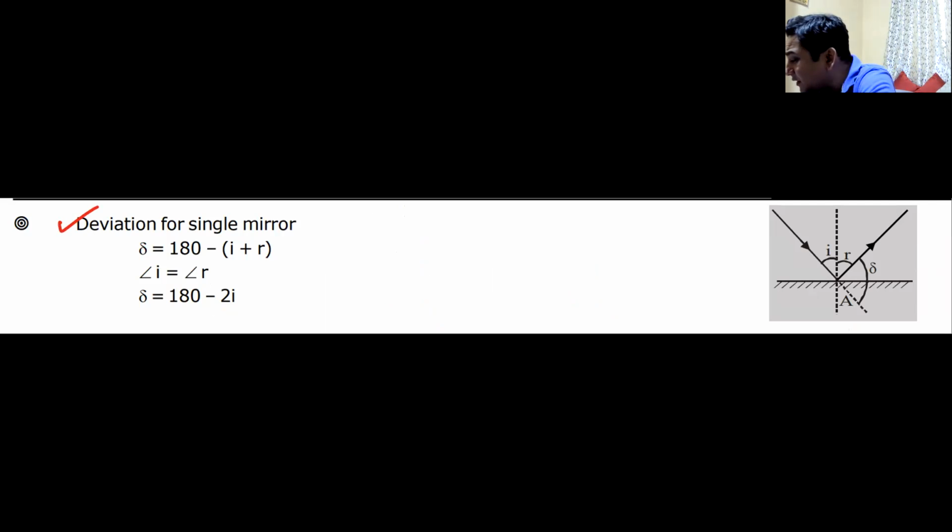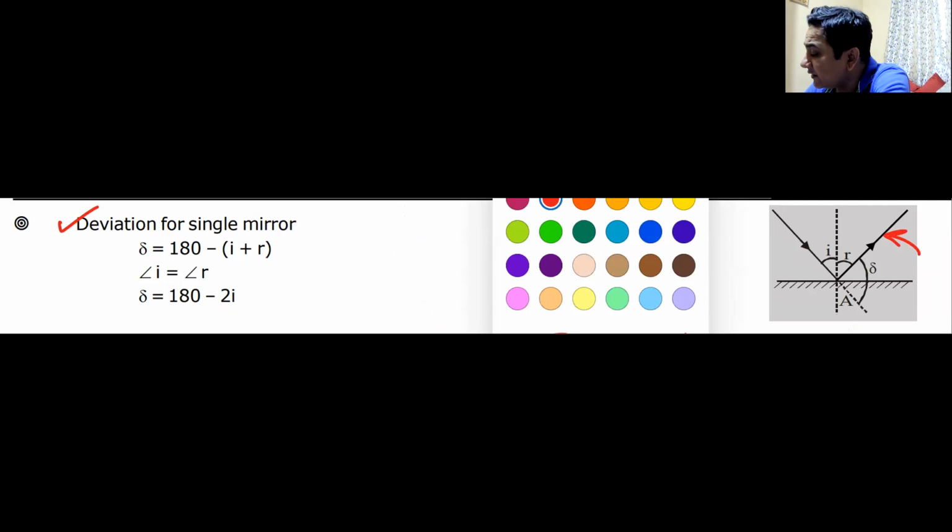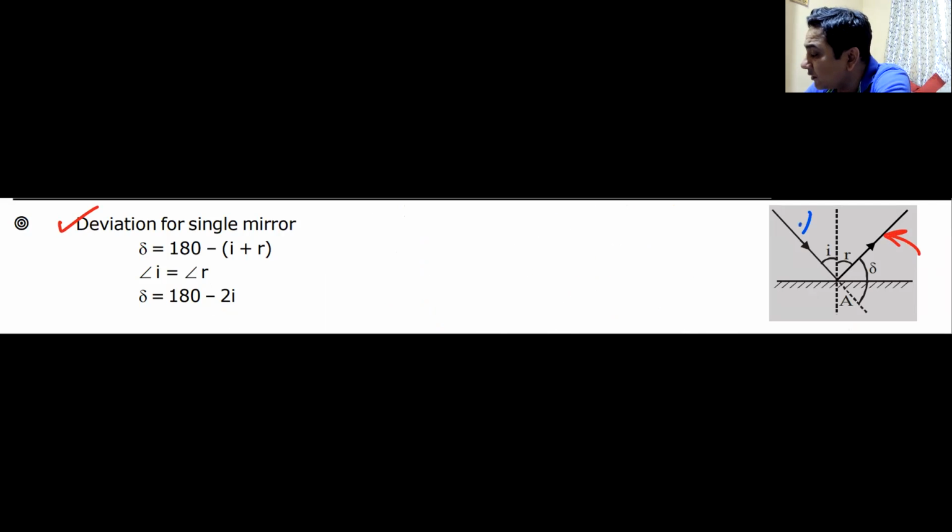Now, what do I mean when I say deviation? As you can see, this is the reflected ray, the red one, and this is the incident ray, the blue one. If I extend the incident ray, it will go like this.